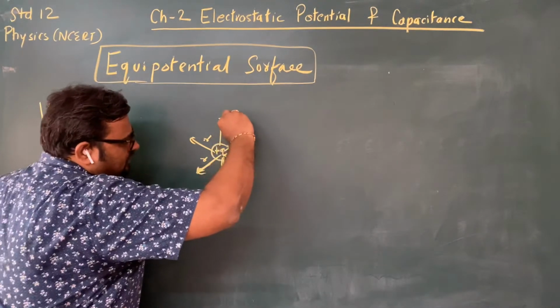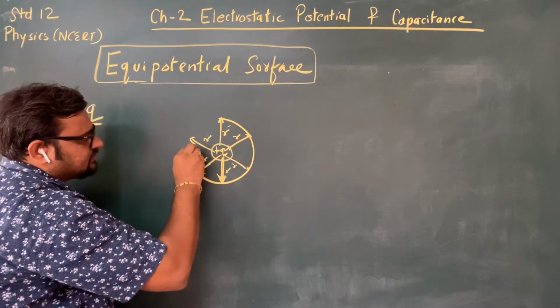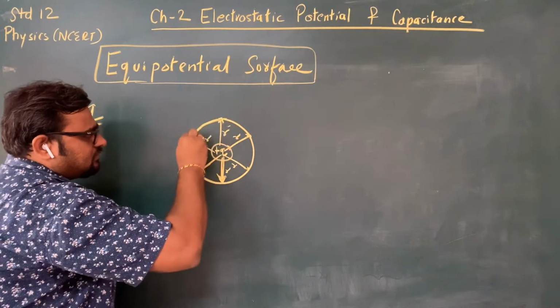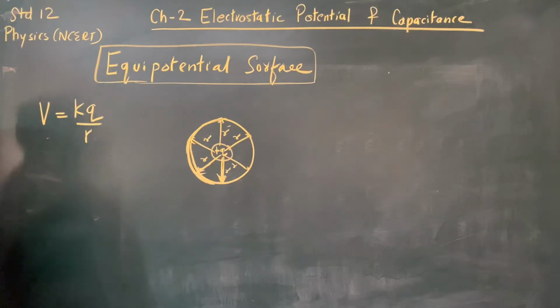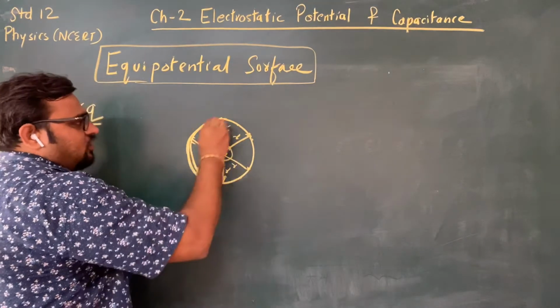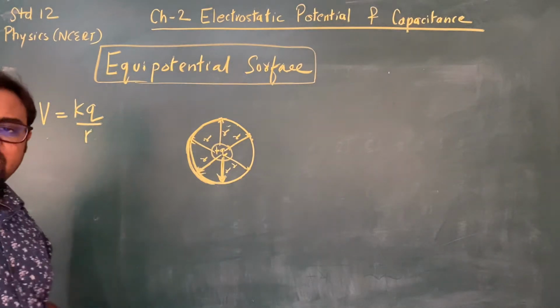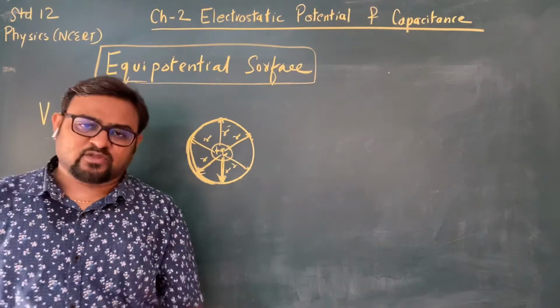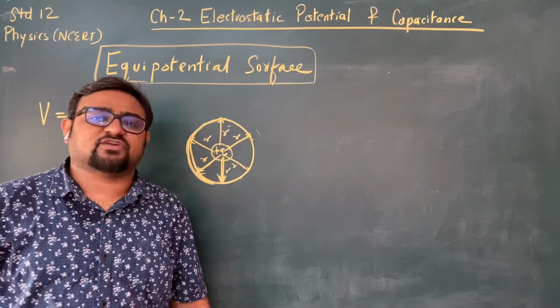So if I take a spherical surface, then at each point on this surface, the potential will be kq by r, and that will be same. So this spherical surface is an equipotential surface.